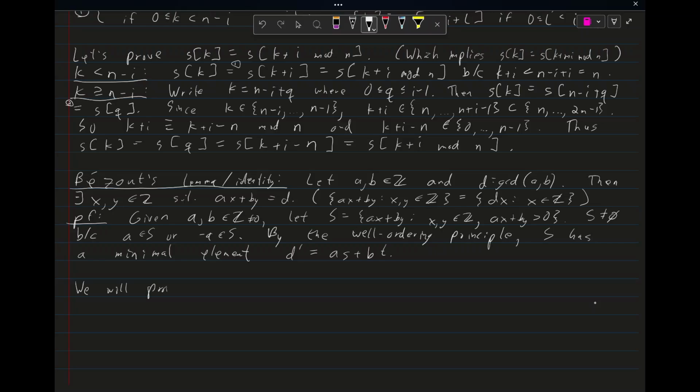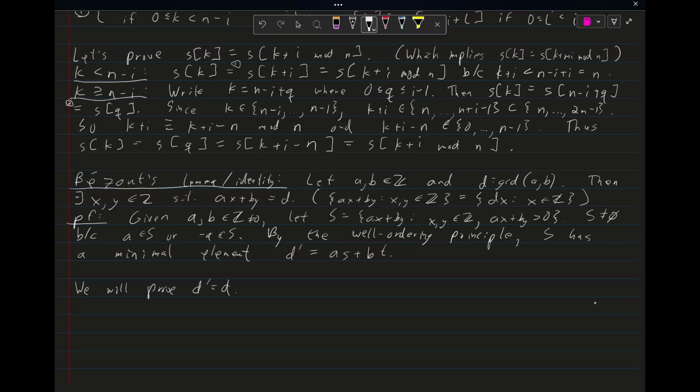We will prove d prime is actually the greatest common divisor of a and b. By the way, we needed S to be non-empty because the well-ordering principle only applies to non-empty sets. But this minimal element is the smallest possible positive integer combination of a and b. Great. And we're going to prove that this turns out to be the greatest common divisor.